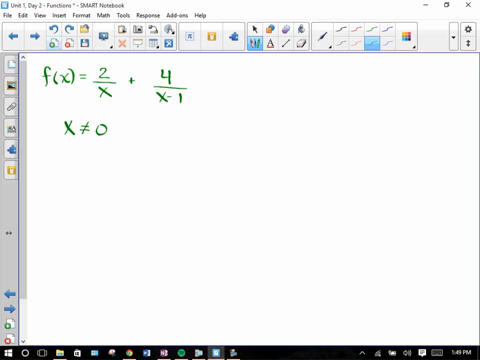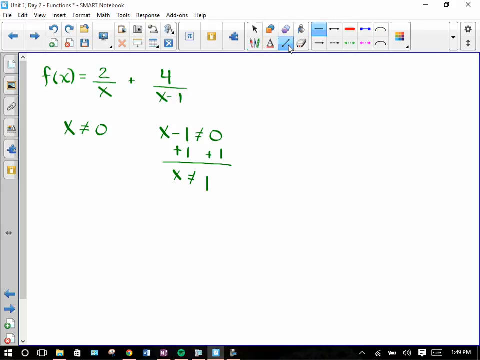What about over here? 4 divided by x minus 1. What do we know can't be 0 over here? X minus 1 can't be 0. Okay, this isn't too hard. It's like a one-step problem. Guess when we do this? 6th and 7th grade, so we add 1. Get x cannot equal 1. Cool.